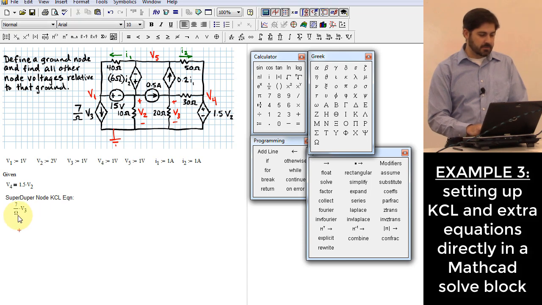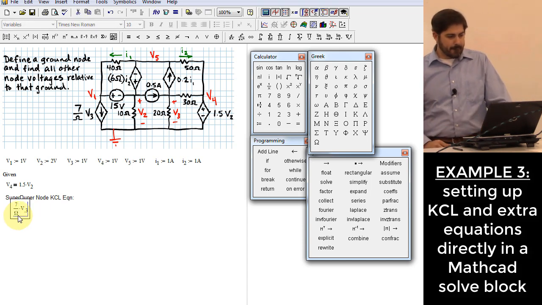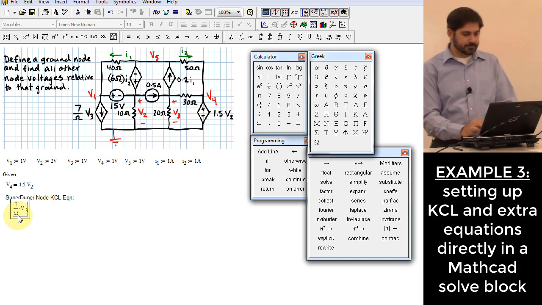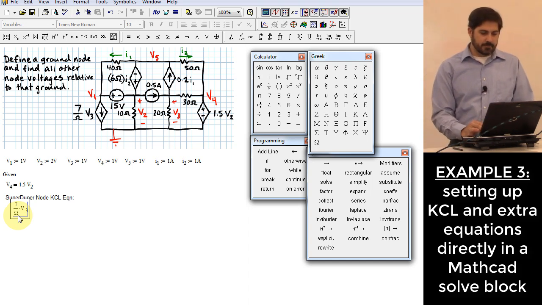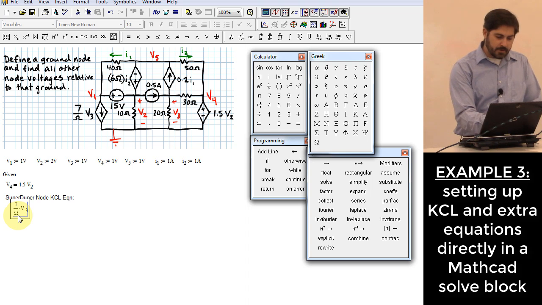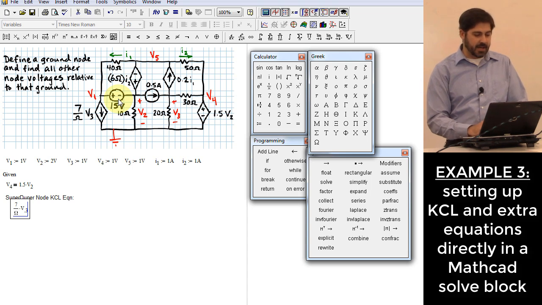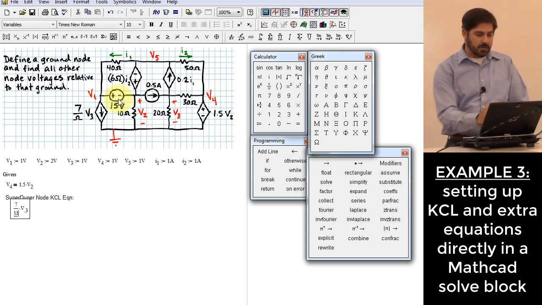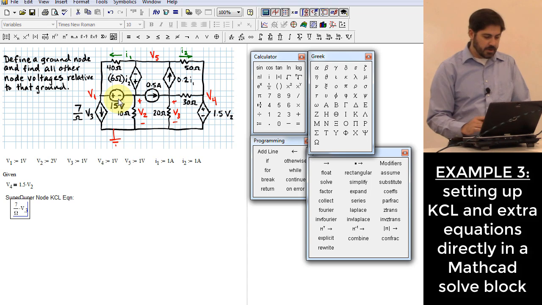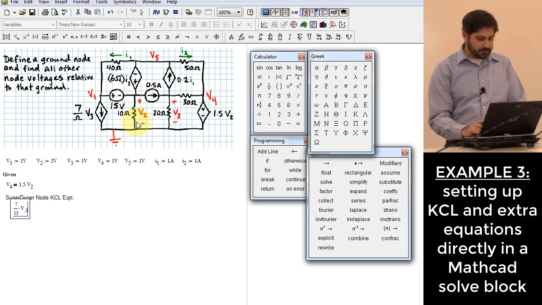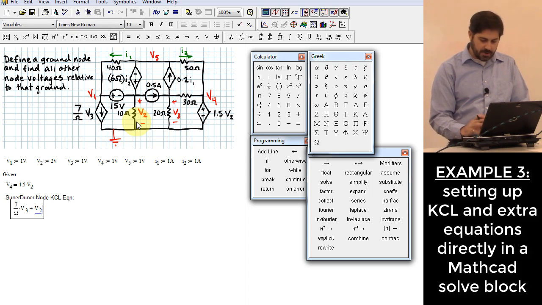What do I do next? Okay. Remember, I'm joining up all of this stuff. So it's basically anywhere that current leaves the combination of these two voltage sources. So what's another place where current might leave that? Okay, through the 10 ohm resistor, and that's going to be based on V2 over 10 ohms.